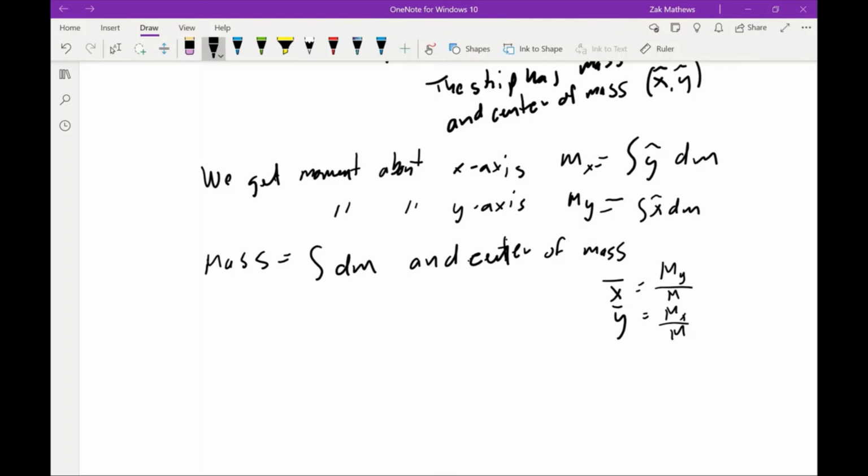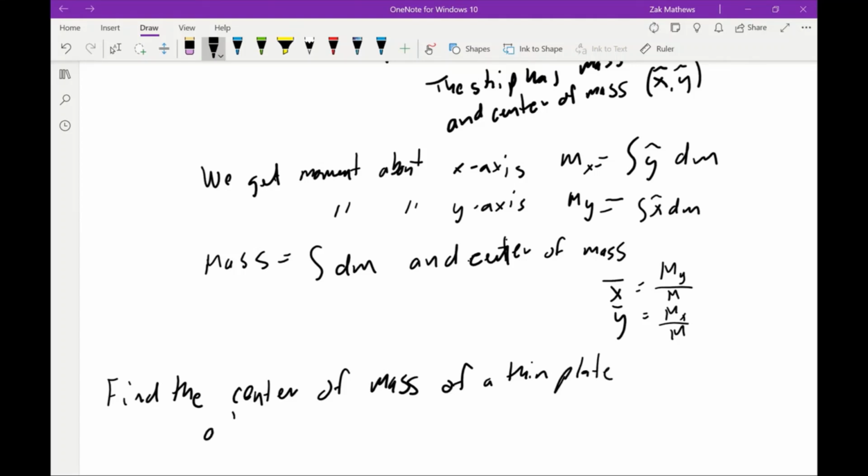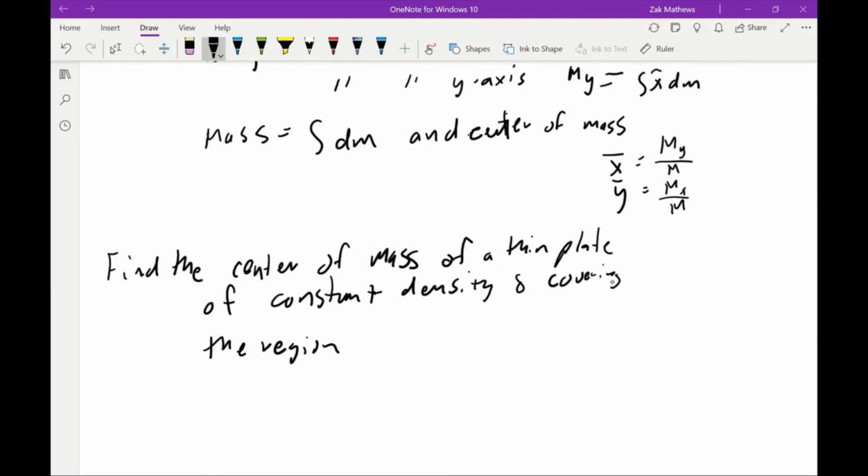Let's find the center of mass of a thin plate of constant density delta covering the region bounded by the parabola y equals 25 minus x squared and the x-axis.